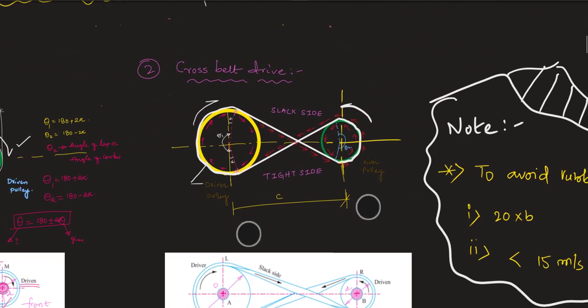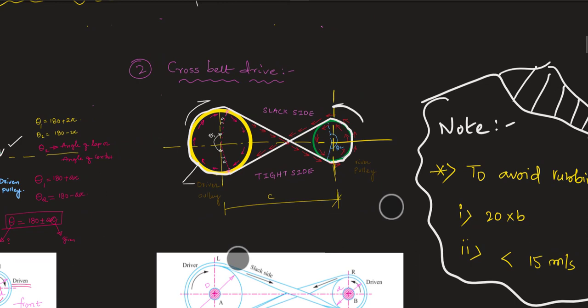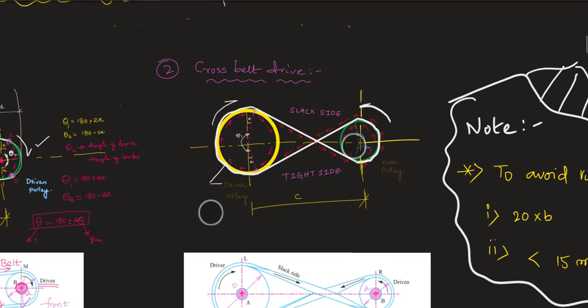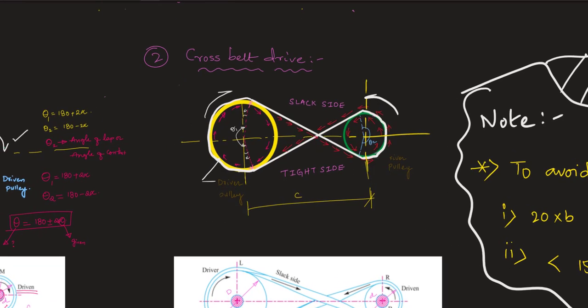Now let us look at another type of flat belt drive, called a cross belt drive.